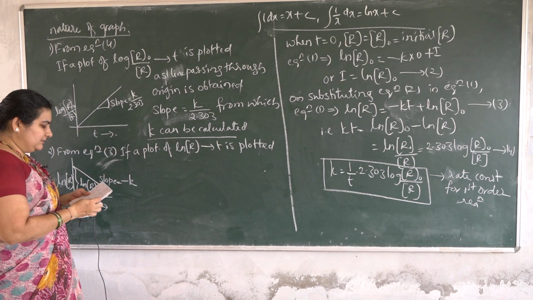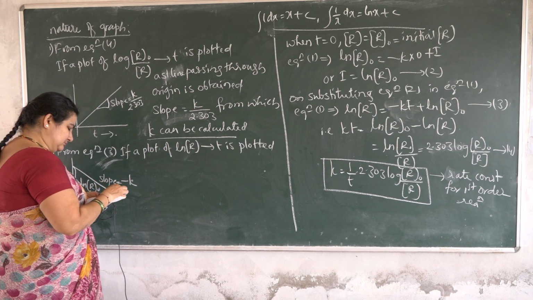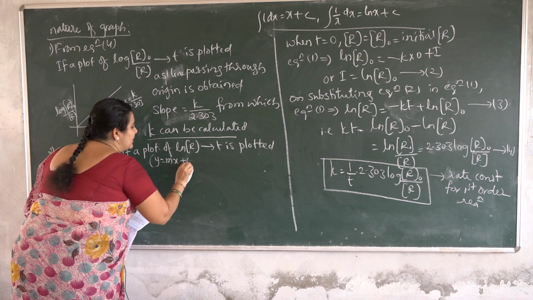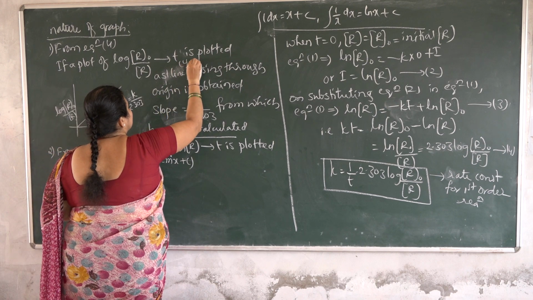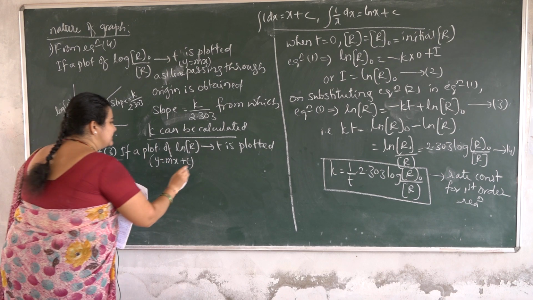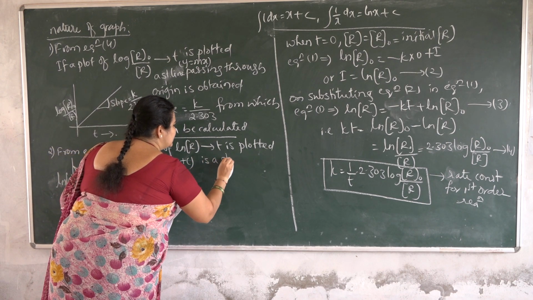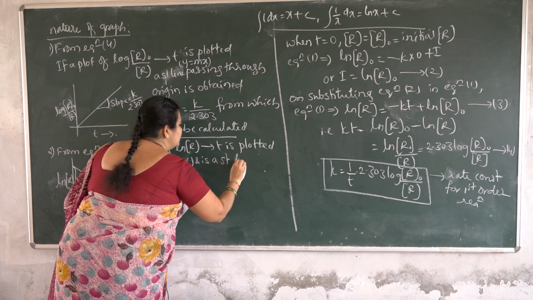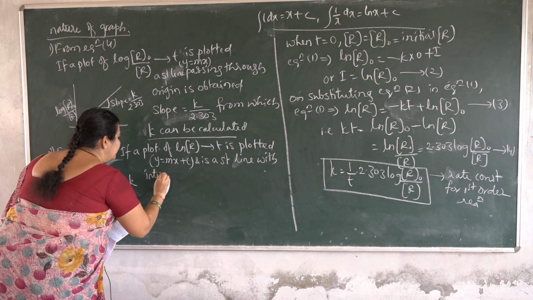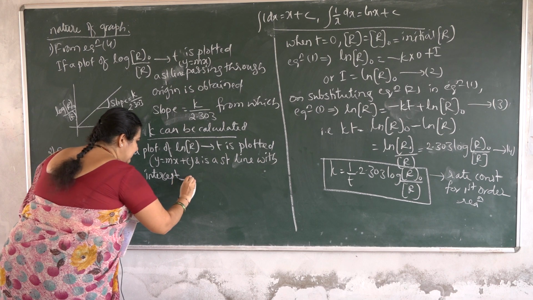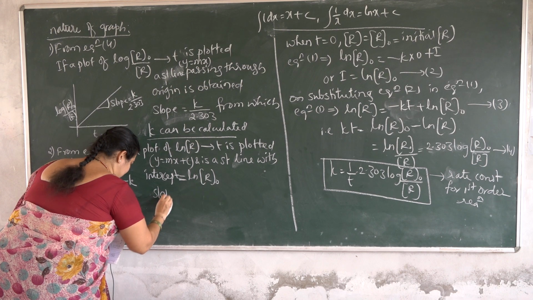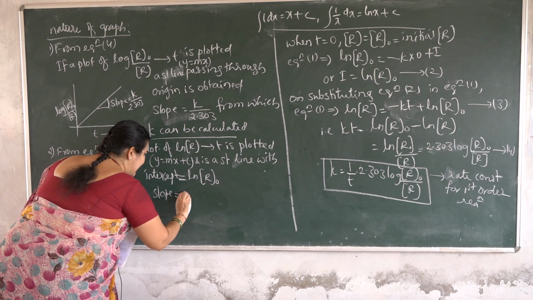So here it is a straight line, resembling the equation y is equal to mx plus c. So the plot of ln R is a straight line with intercept equal to ln R naught and slope equal to minus k.